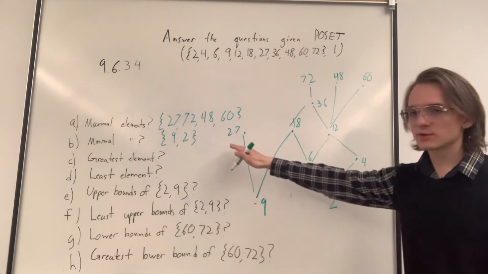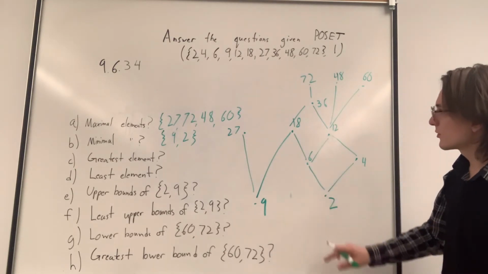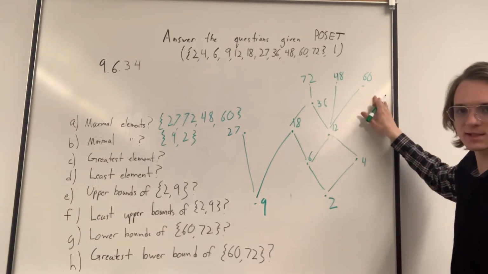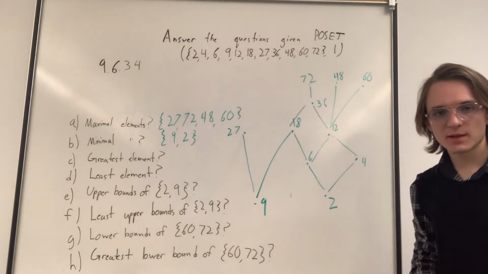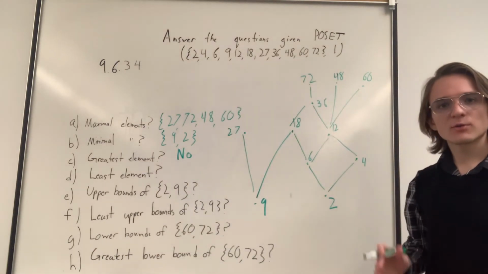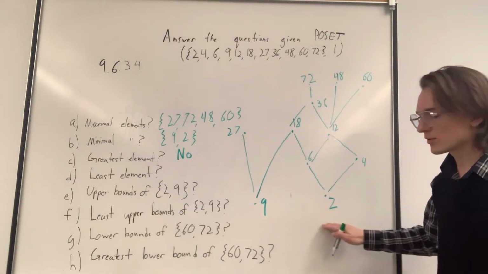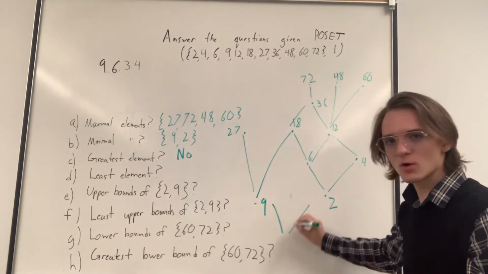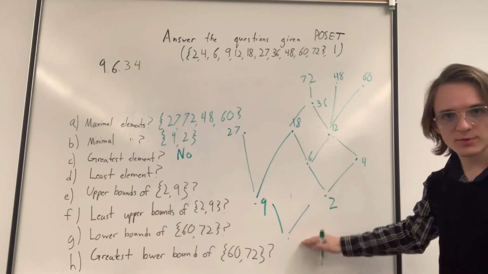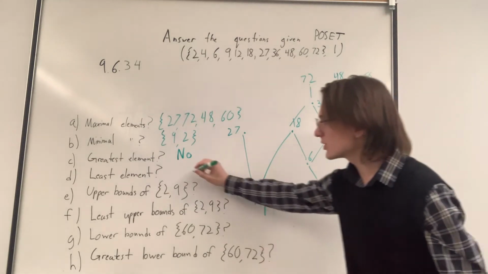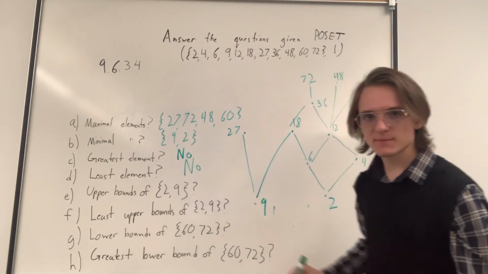Because there are many elements that don't lead to 27, and of course, there are some elements that don't lead to 72, 48, and 60. So there are no maximum elements. Similarly, there are no least elements because there are 2 nodes at the bottom. There would be a least element if we had one more node below both that everything kind of funneled down into, but we don't have that. So there is no least element.